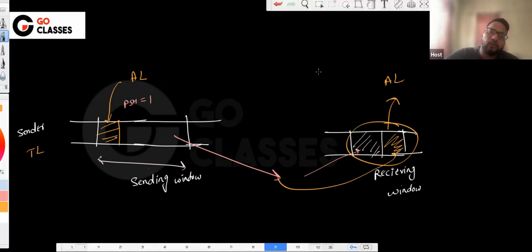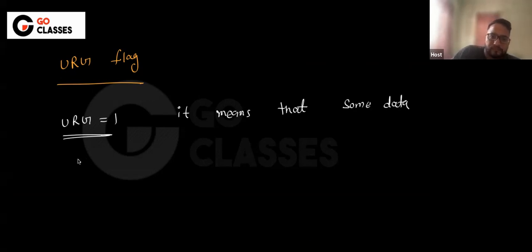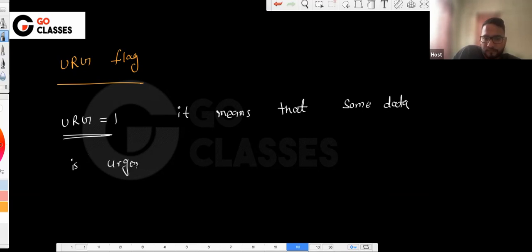And there is one more flag, that is the URG flag. If URG is one, it means that some data is urgent, from the starting sequence number to the sequence number given in the urgent pointer field.